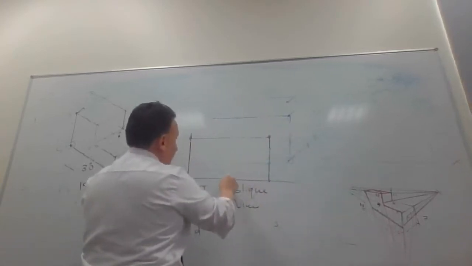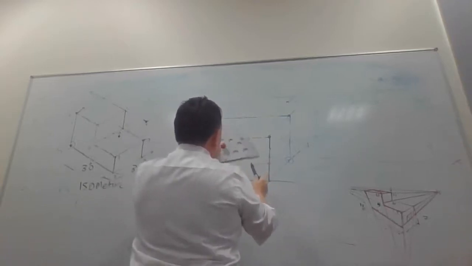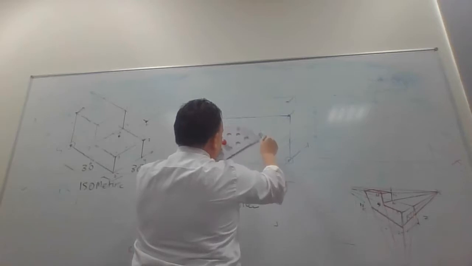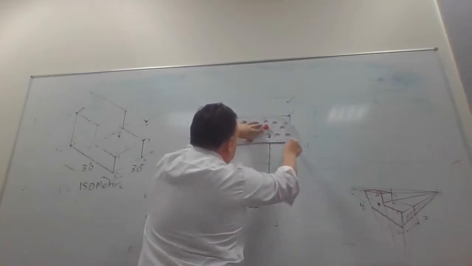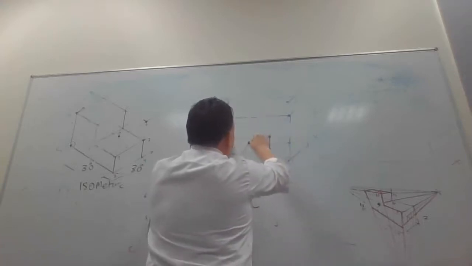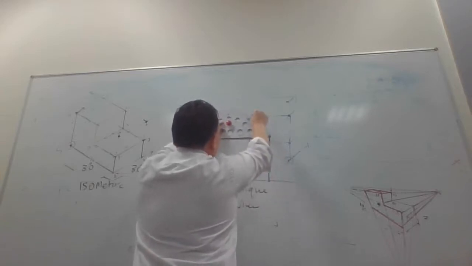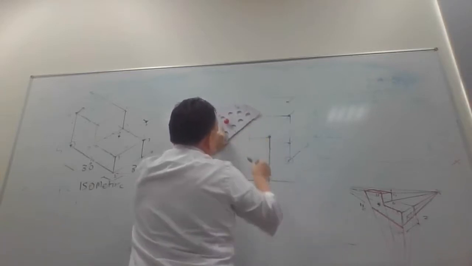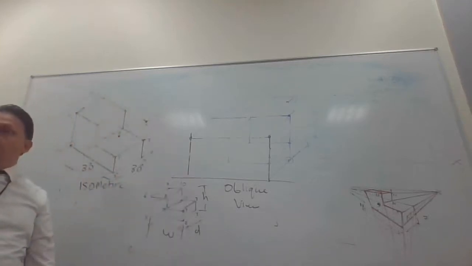Okay, from here it's in the middle. Okay, so in the middle. From here 45 degree. Okay, 45 degree. From here intersection, extended. Okay, extend. From here vertical. Like this. From here 45 degree. Okay. So here you get your object.